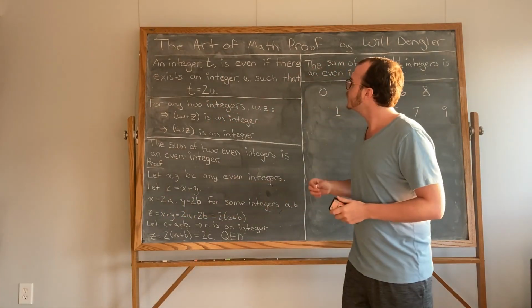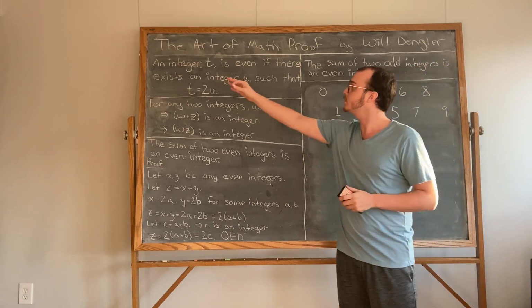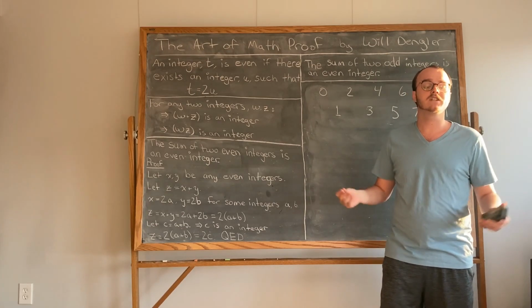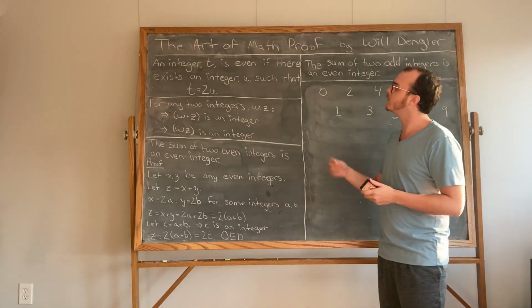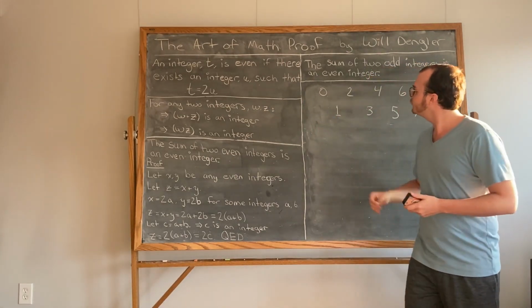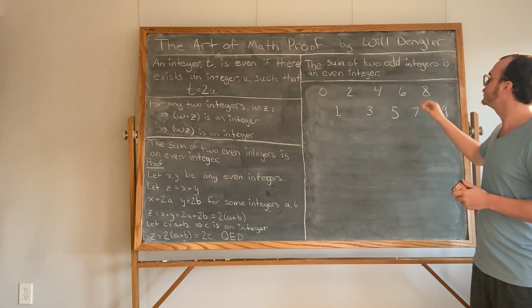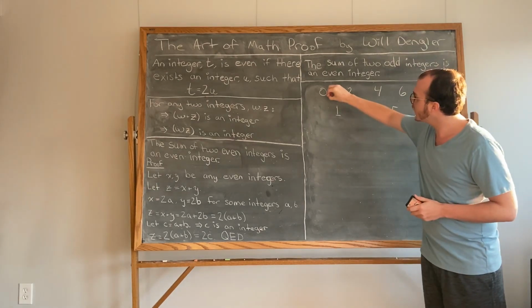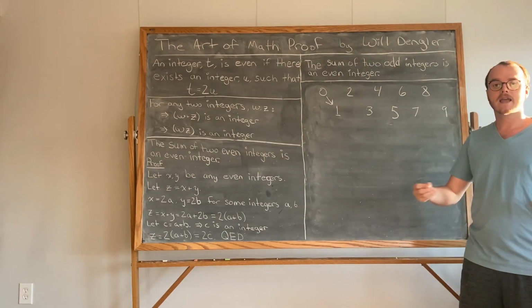Okay, so we have a better idea of what is an odd integer. So if we want to codify exactly what we mean by an odd integer in a similar way to how we defined an even integer, how can we do that? We can't just say, well, the odd integers are every other integer. Well, let's take a closer look. We see that we've got the even integers here and the odd integers, and we can notice that, well, I can take 0 and turn it into 1 by adding 1 to it.